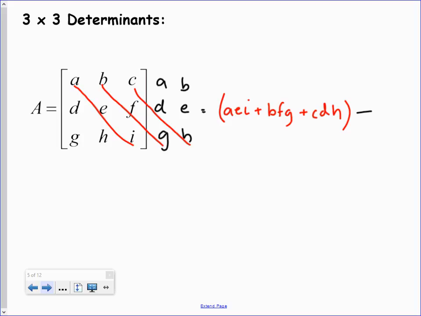I've got to do all the diagonals going up. So then I would have GEC, add to that HFA, add to that IDB.